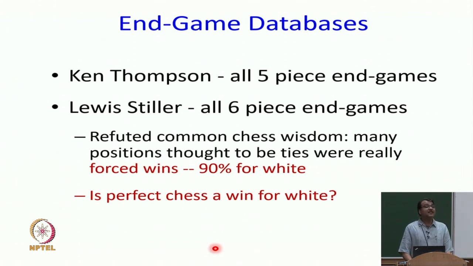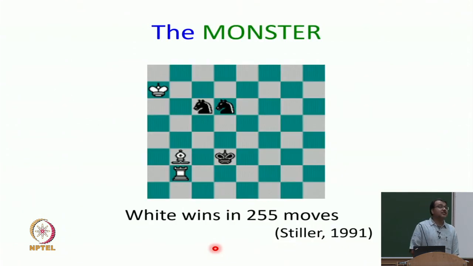But it is possible that if the universe started playing the game of chess and used all its atoms to play the game of perfect chess, we may end up with the answer that if you just play perfectly, white will always win. We do not know that. Here is what is called the monster endgame. In this monster endgame, there are 6 pieces, 3 of white, 3 of black, and it was considered to be a draw, I believe.